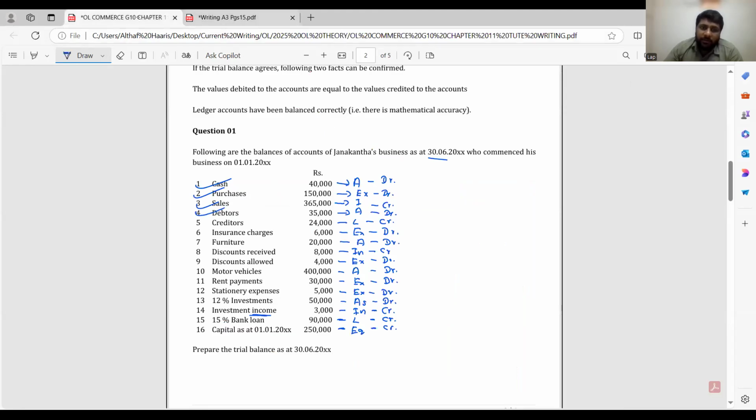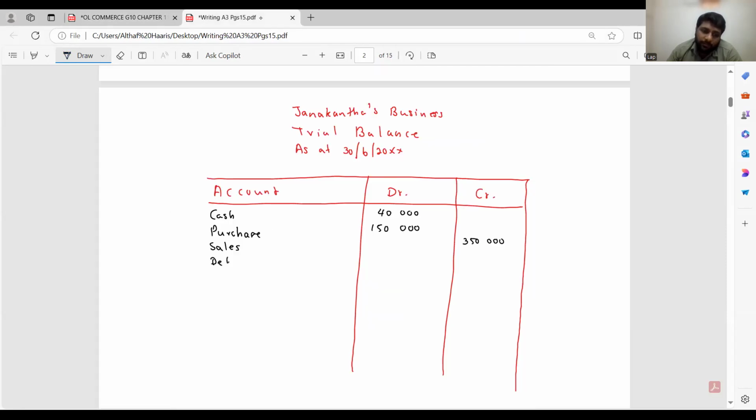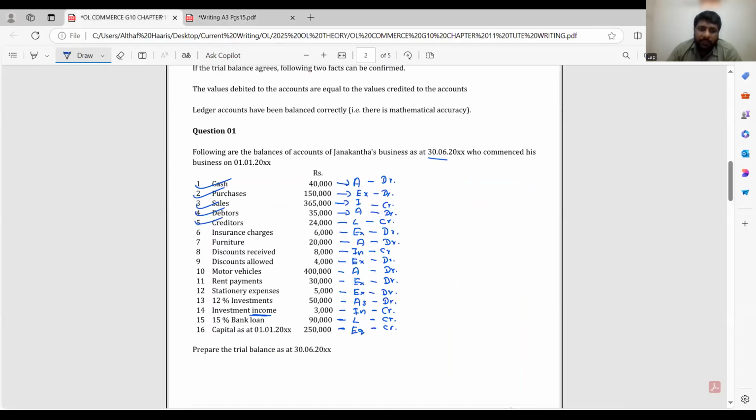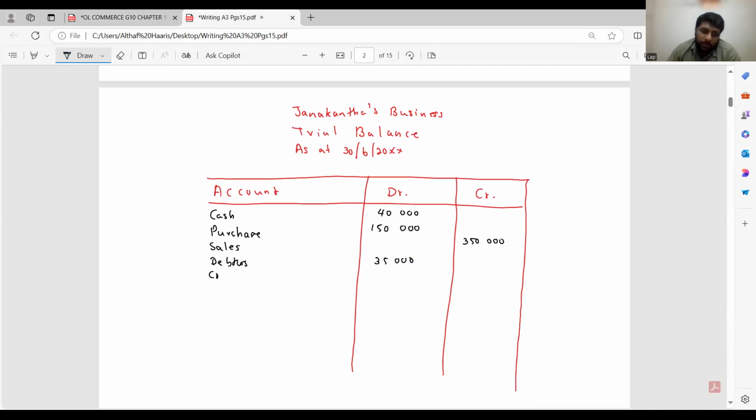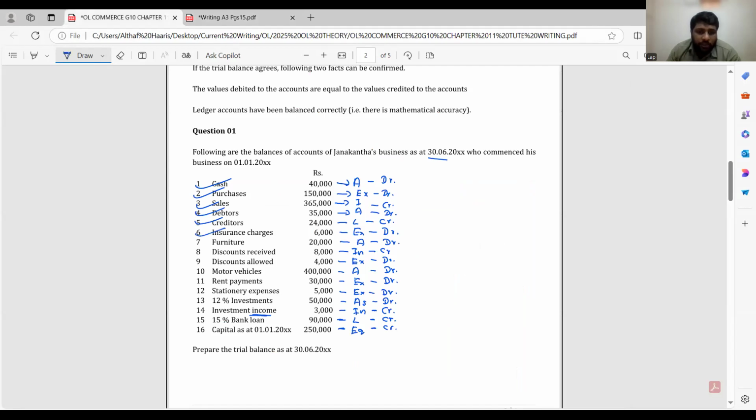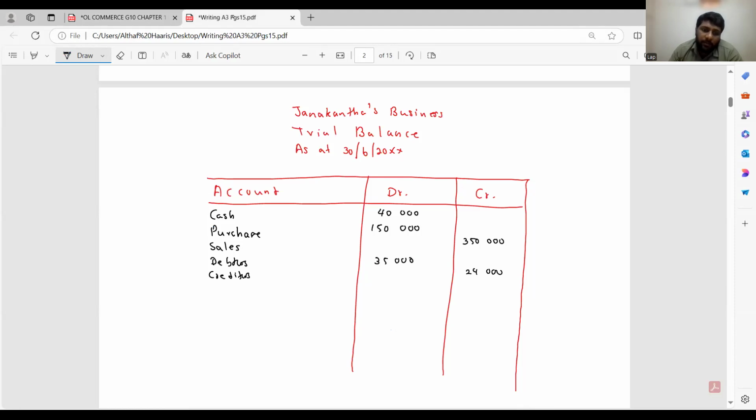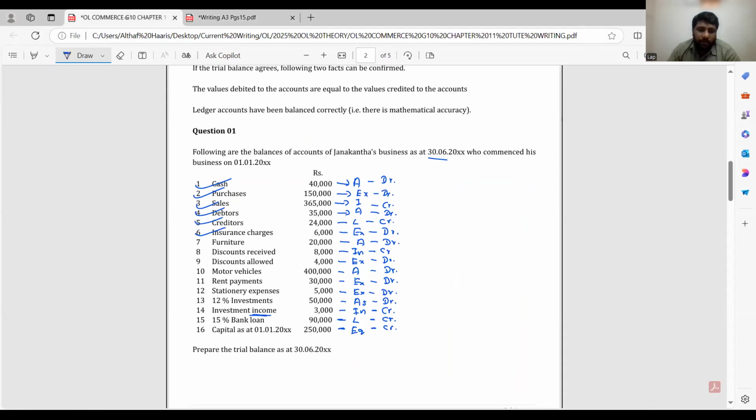Debtors 35,000. Creditors 24,000. Insurance charges 6,000. Furniture 20,000.